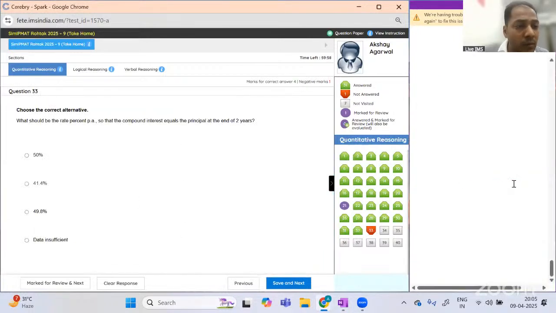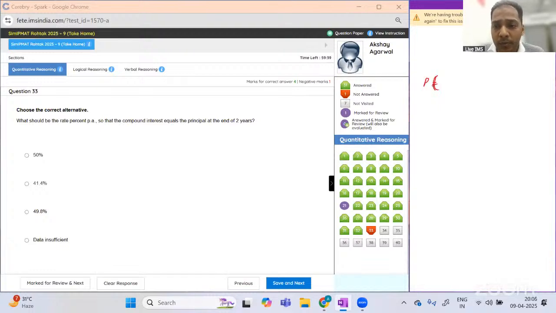What should be the rate percent per annum so that the compound interest equals principal at the end of 2 years? So basically, the amount should be double of it. So amount is P into 1 plus R percent, the whole square for 2 years, should be equal to 2P.